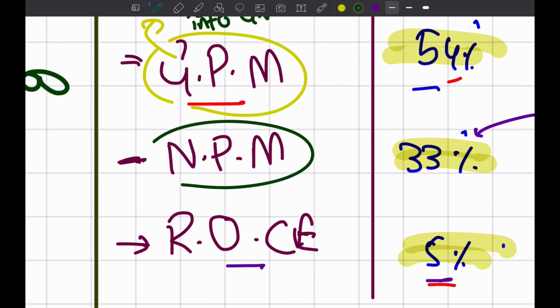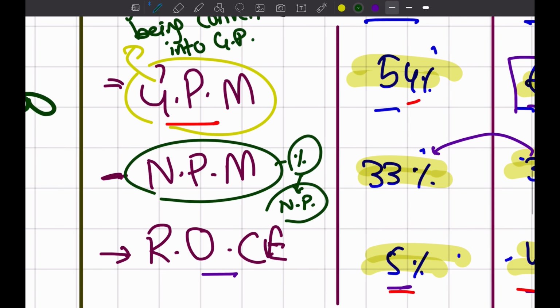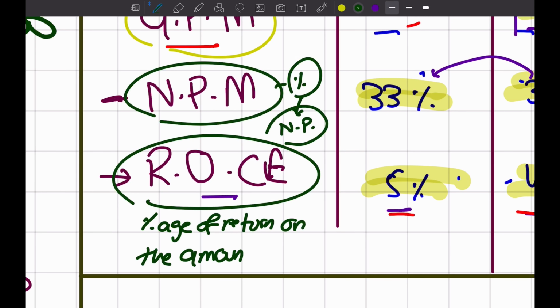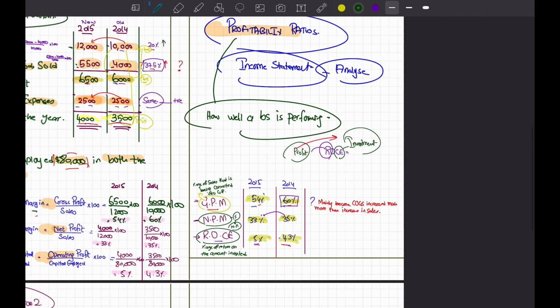And net profit margin is similarly the percentage of sales converted into the net profits. कि कितना परसेंटेज आप नेट प्रॉफिट्स तक कन्वर्ट करते हो, उसको कहते हैं नेट प्रॉफिट मार्जिन. एंड रिटर्न ऑन कैपिटल एम्प्लॉयड इज द परसेंटेज ऑफ रिटर्न ऑन द टोटल अमाउंट invested. These are the 3 profitability ratios that you will have to remember.